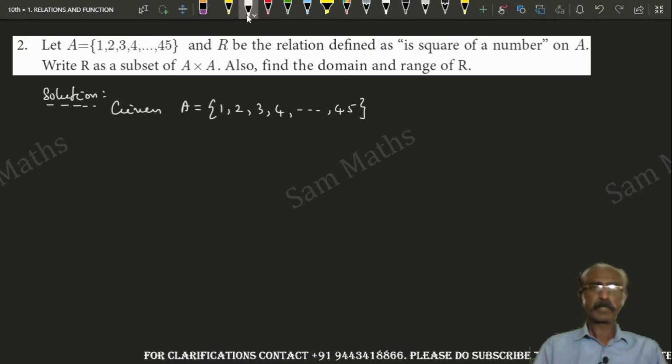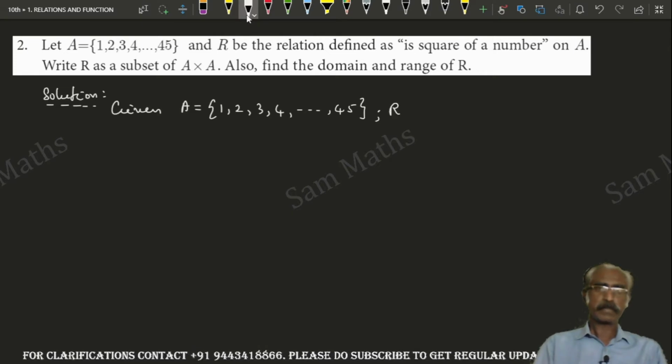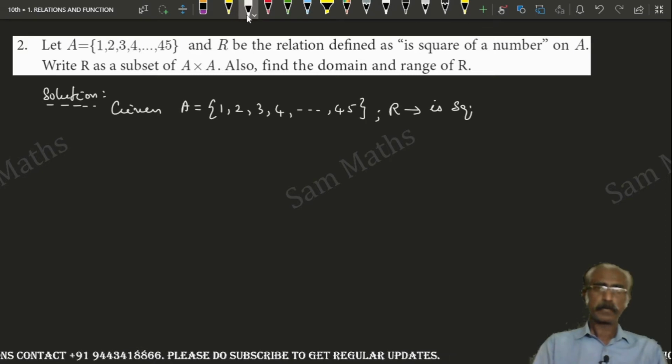Dear children, R is the relation given as square of a number.